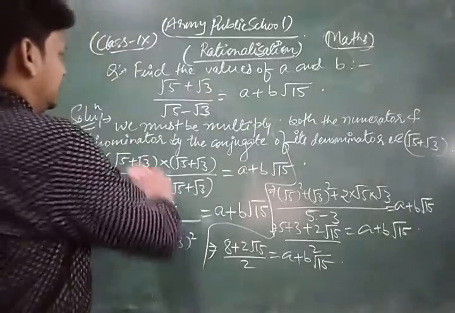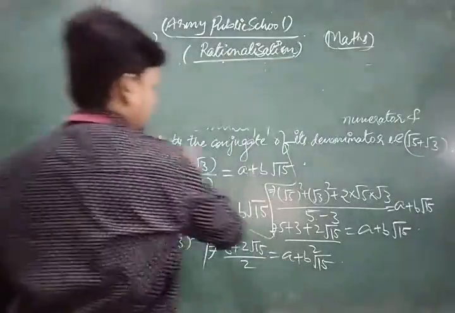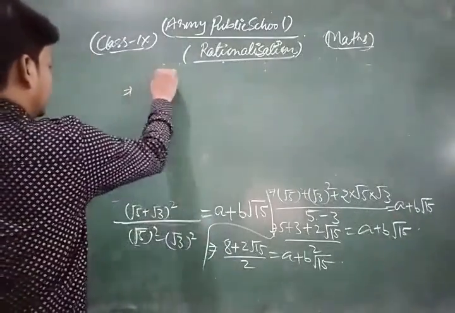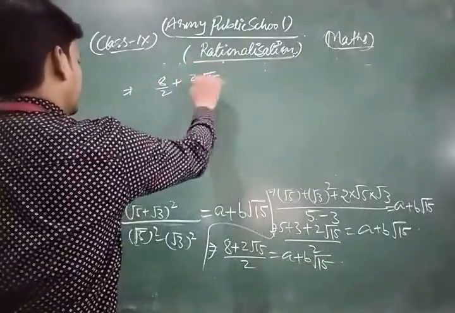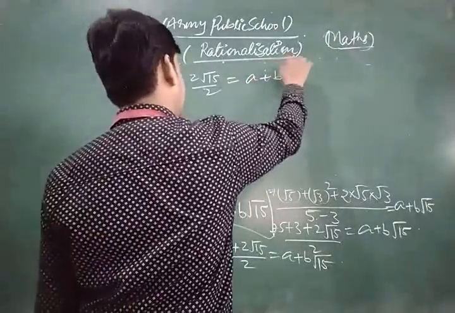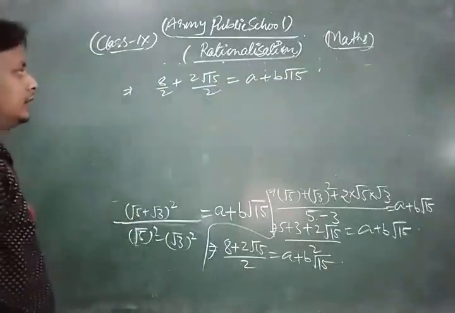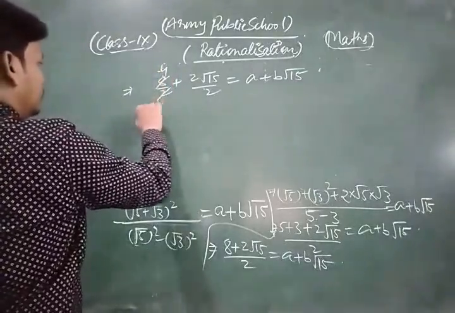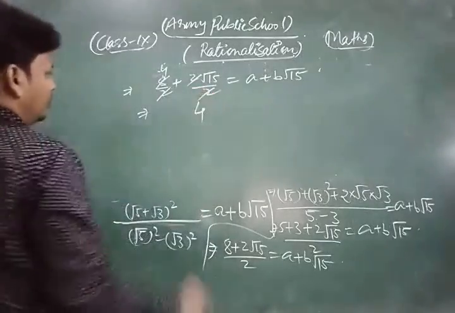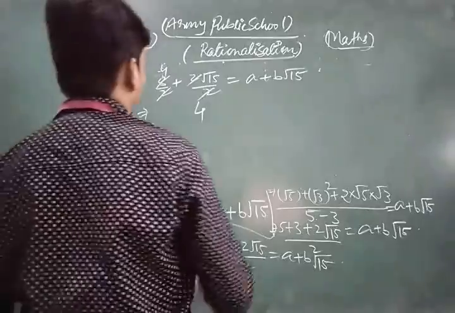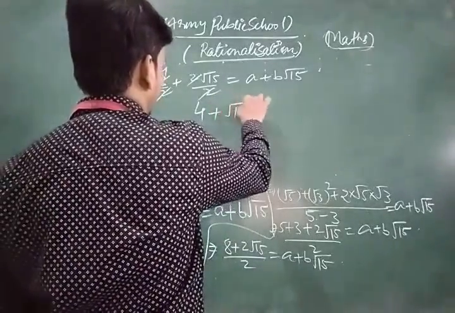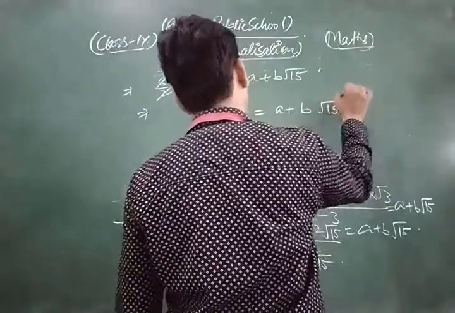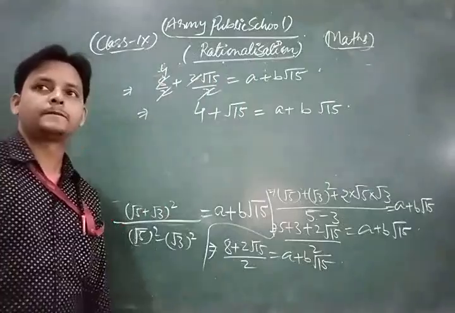Now 2 fours are 8, and the 2s cancel each other, so we get 4 plus under root 15 is equal to a plus b under root 15.